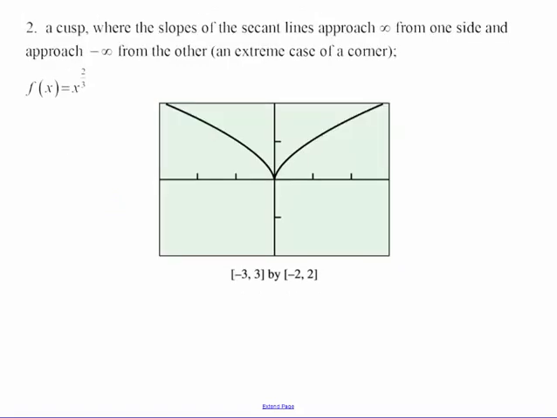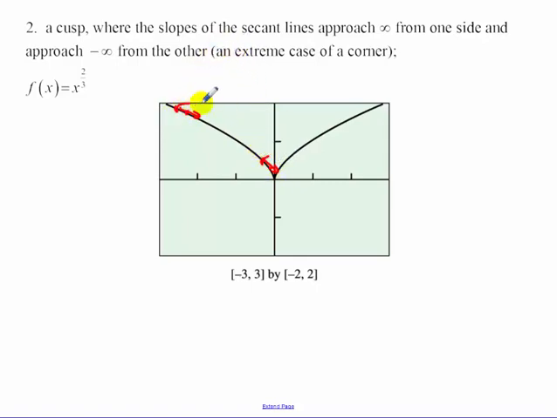A cusp. So when you are looking at this, the slopes of your tangent lines here are going negative, negative, negative, negative, but compared with, say, this tangent line over here, maybe one that's real close to 0, those tangent lines are not as steep as this one right here.